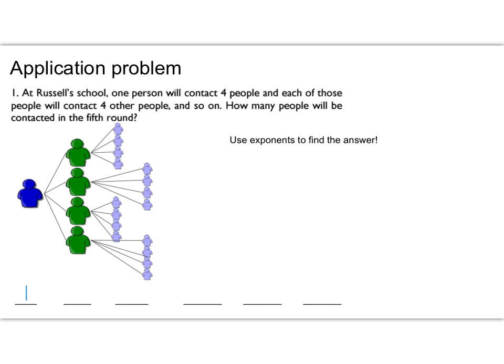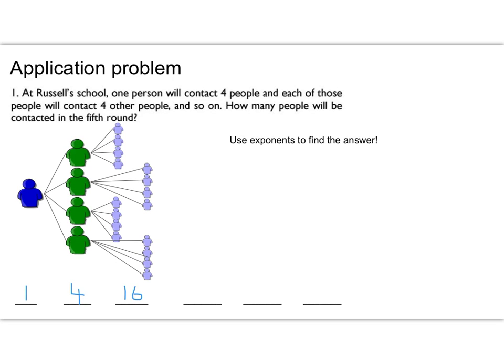That one person contacts 4 people. And then each of those people contact 4 people. So we have another 4, 8, 12, 16.